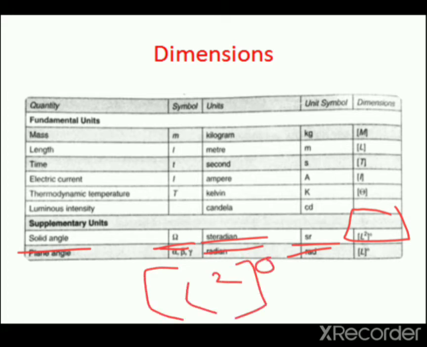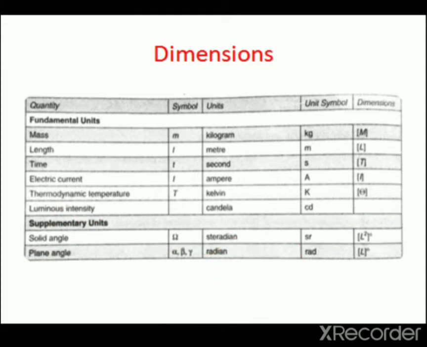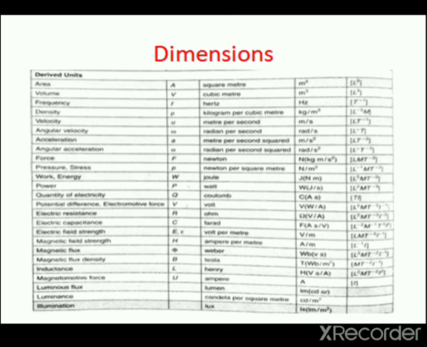This is the dimension for this solid angle. So you can see different fundamental units and supplementary units in this section. The next section is about dimensions for derived units.